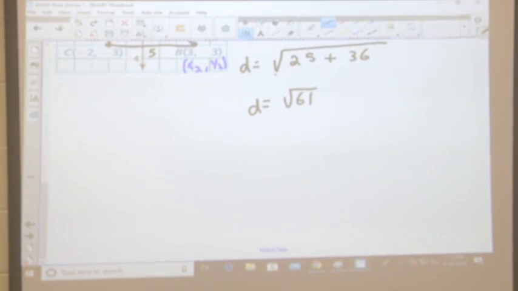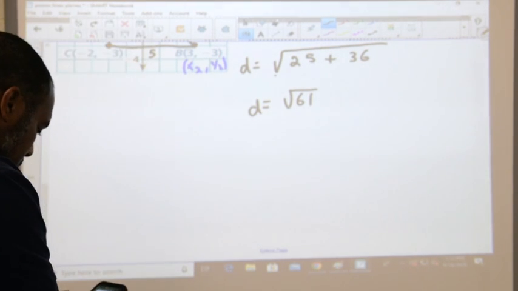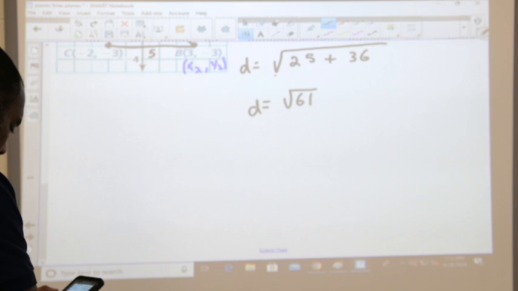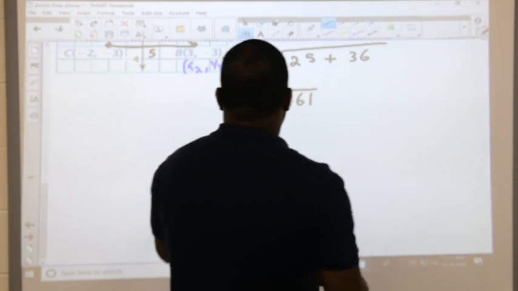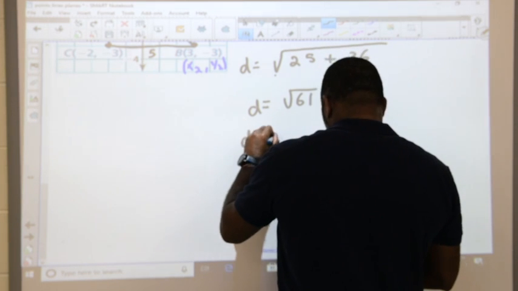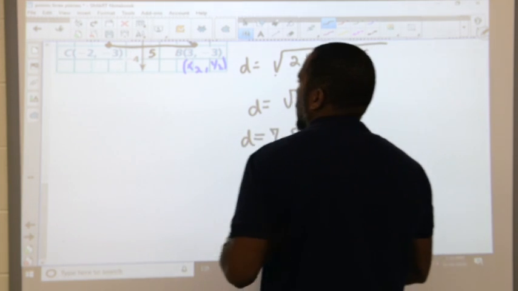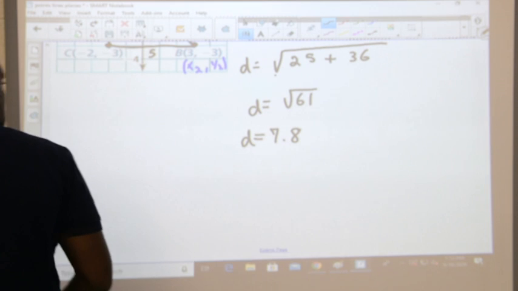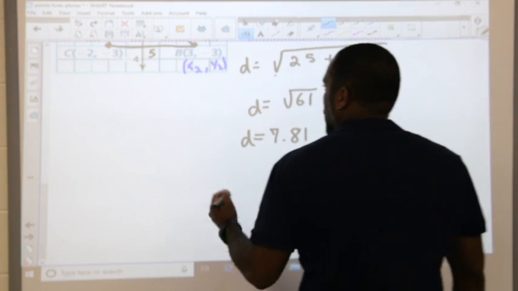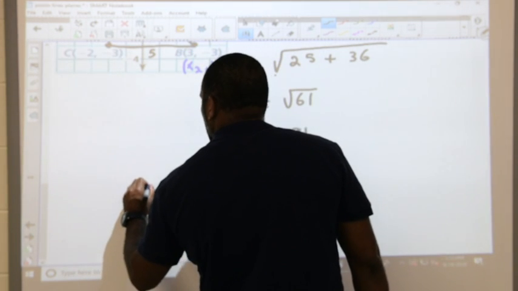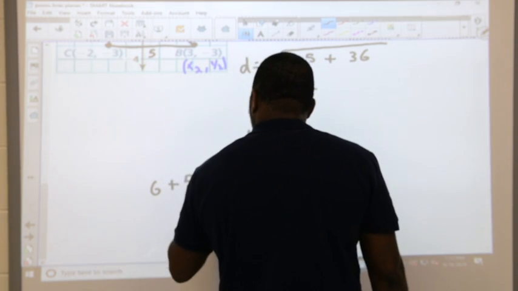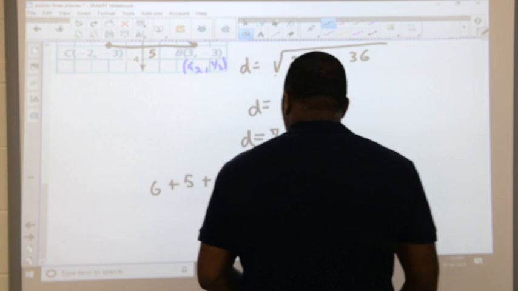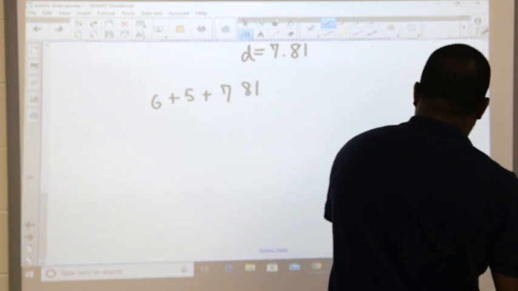So now we're left with the square root of 61. D is approximately 7.81. And we're going to find our perimeter is going to be 6 plus 5 plus 7.81.